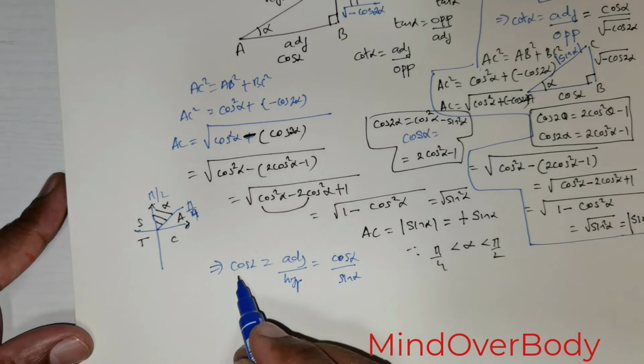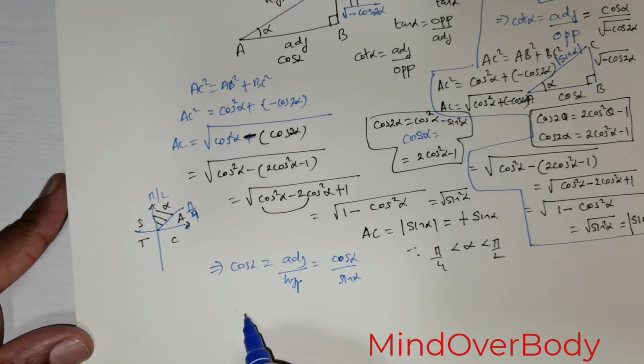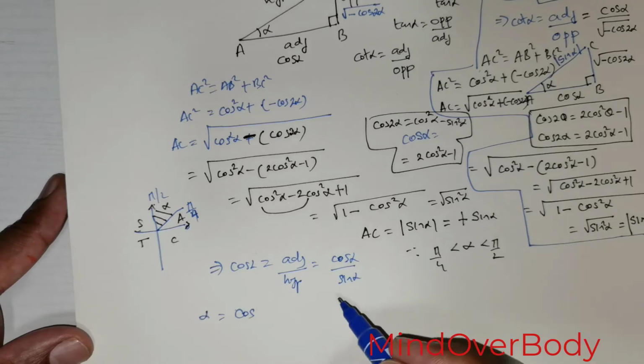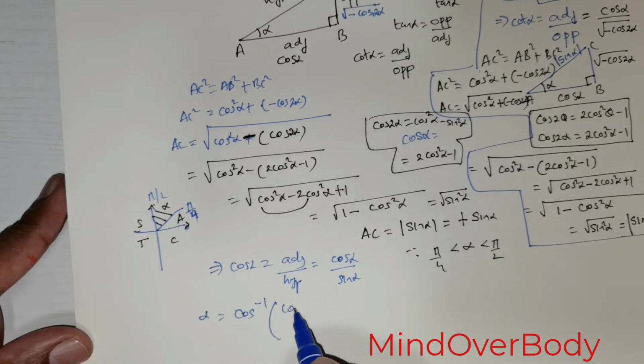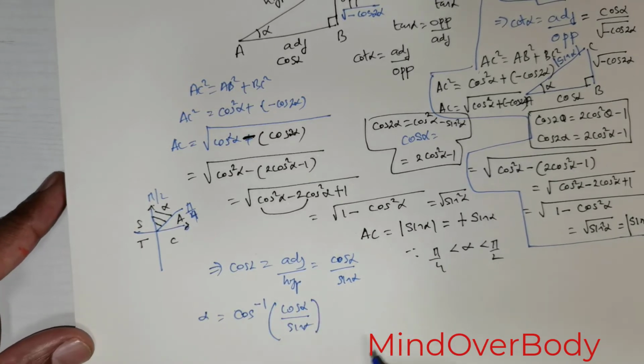So this is my cos alpha, but we are interested in knowing cos inverse. So if this is cos alpha, my cos inverse is going to be cos inverse of cos alpha over sine alpha. This is what we have got.